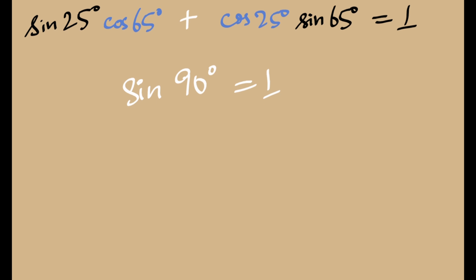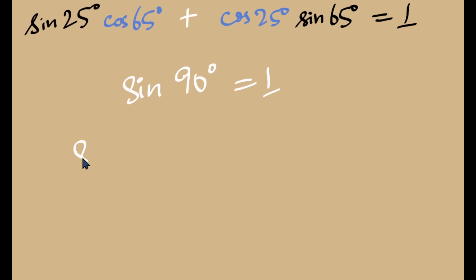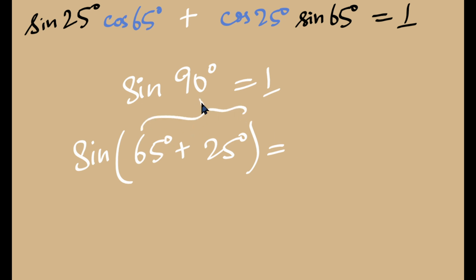Why am I saying this? I am implying that sine of 65 degrees plus 25 degrees, which we know is equal to sine of 90 degrees, is equal to this business right here, this LHS.